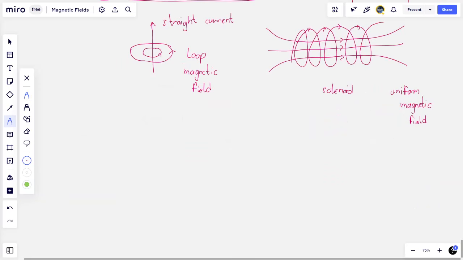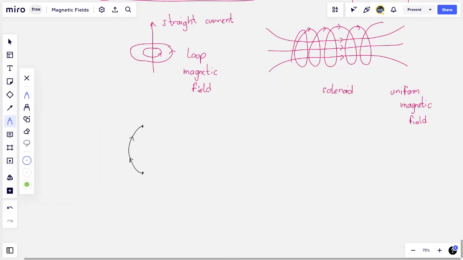If I had a flat coil, it's one of those in your textbook. So if I were to draw simply one loop, instead of multiple loops of a coil, I draw a single loop. And so current is moving from bottom to top.